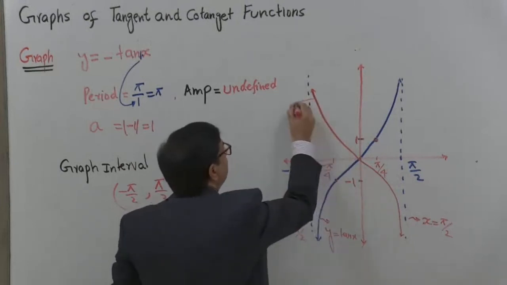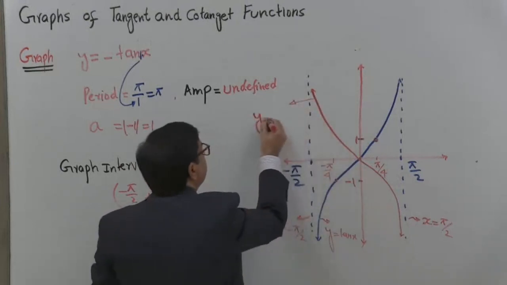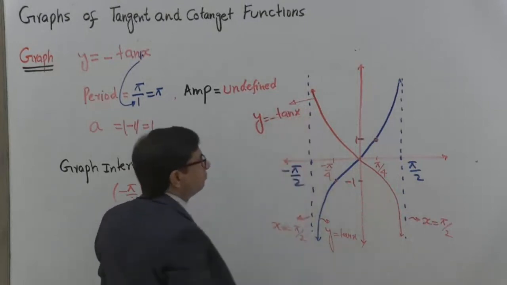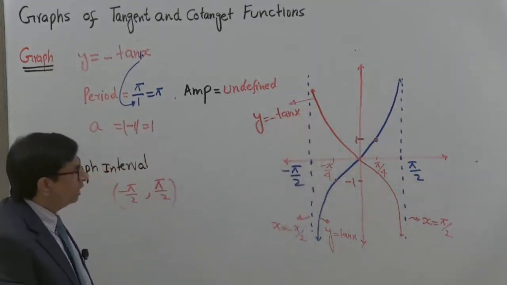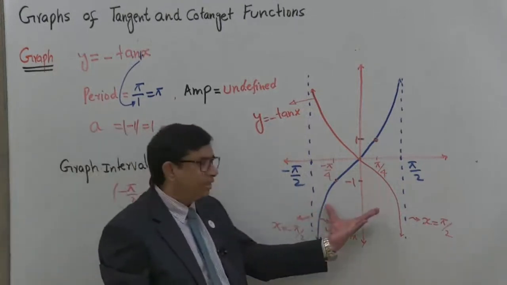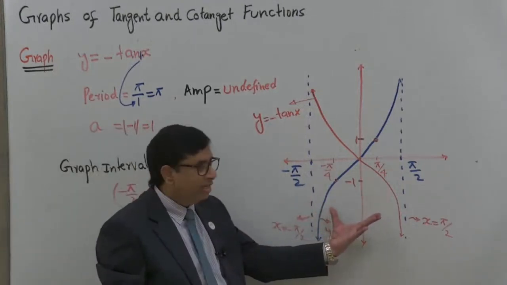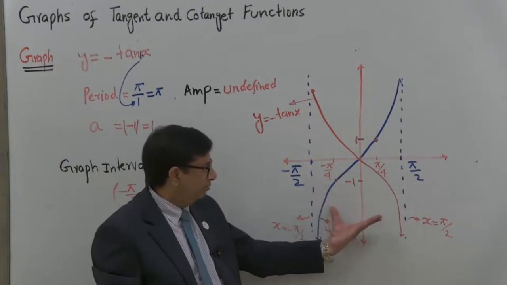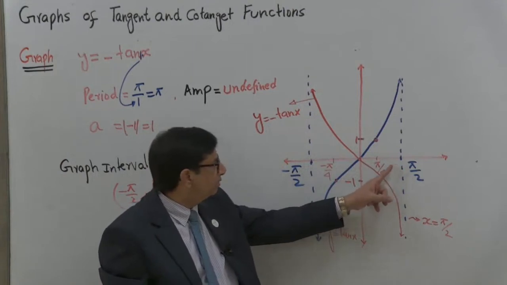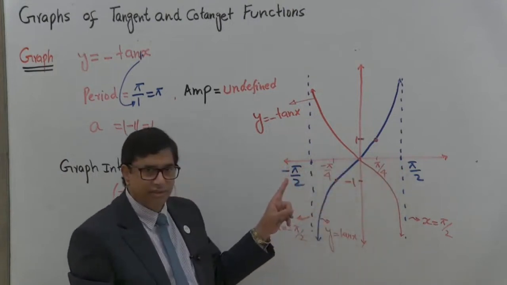Understand? And just mention it. This is y equals negative tangent of x. You can write as many cycles as you want. This is known as one cycle of the graph. One cycle means for one period. This length from negative pi over 2 to pi over 2, this is one complete cycle.